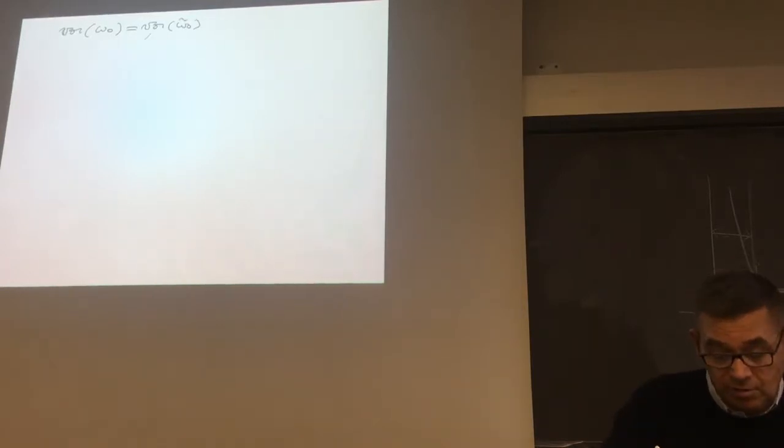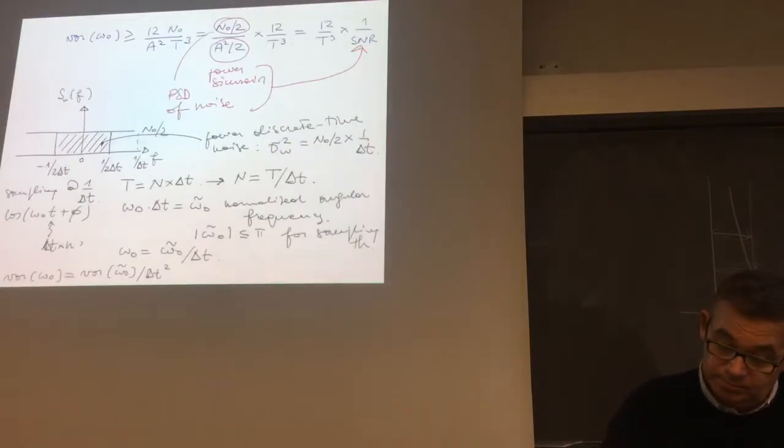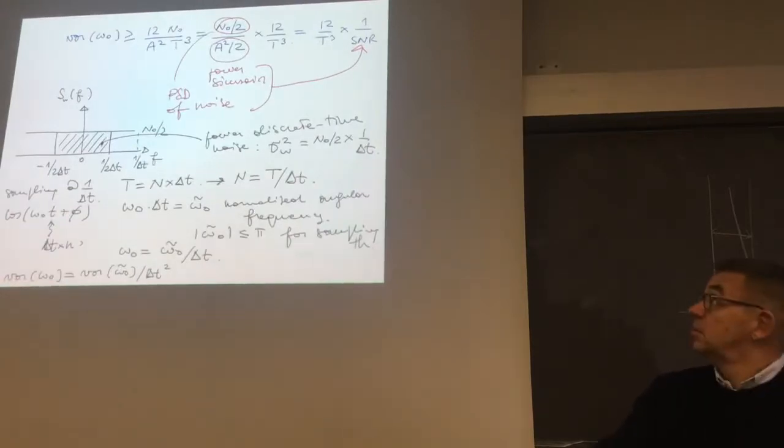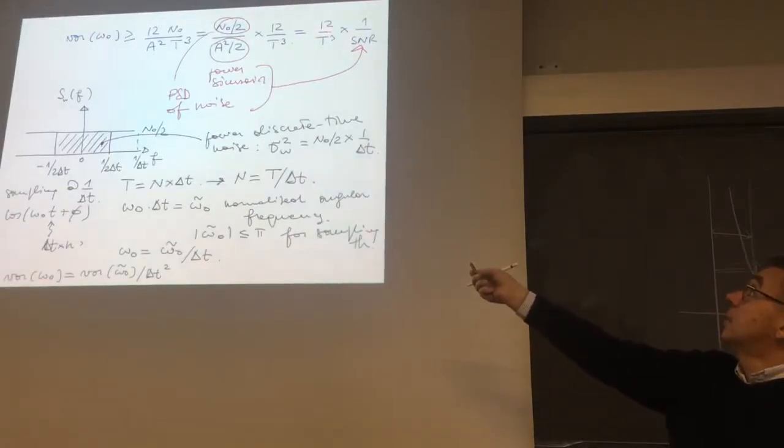So I have the variance of omega 0 equal to the variance of omega 0 tilde, which is my term of interest, divided by delta t squared, which is equal to 12, I'm copying that one, 12 divided by t cubed.